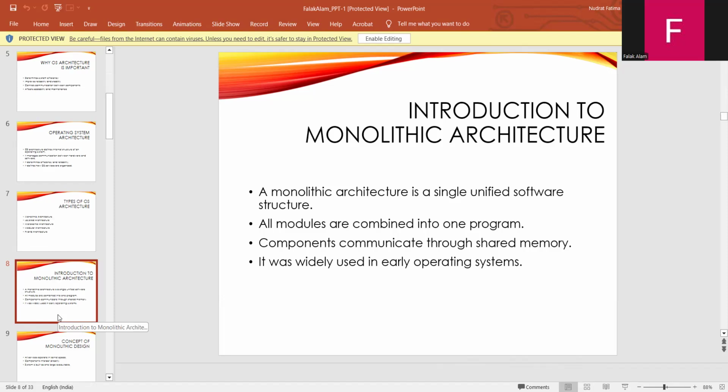This architecture provides fast communication between components because they operate in the same address space. However, it also makes the system more complex and difficult to maintain.